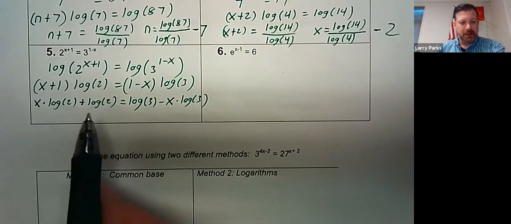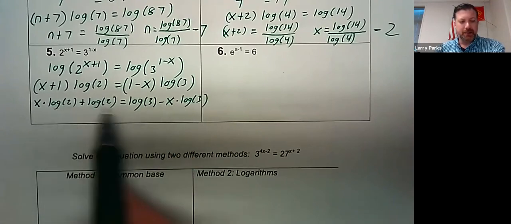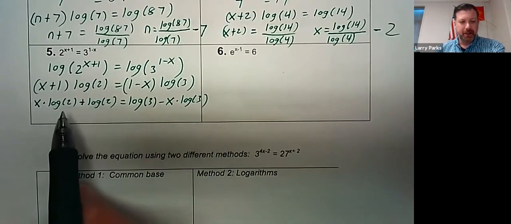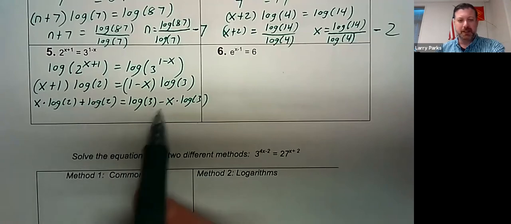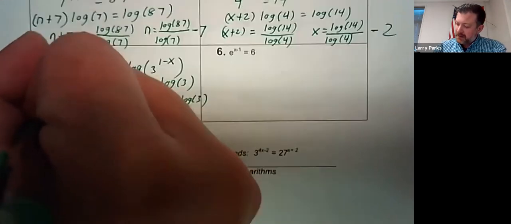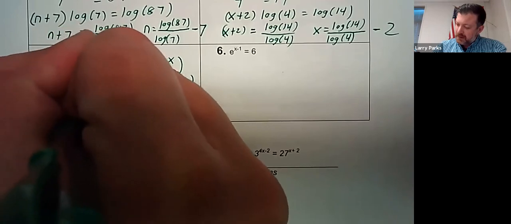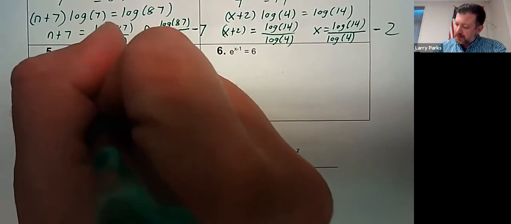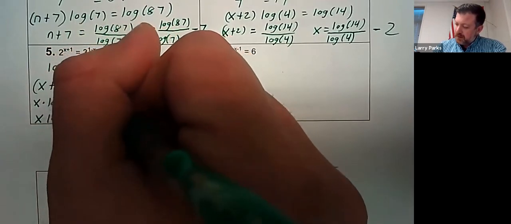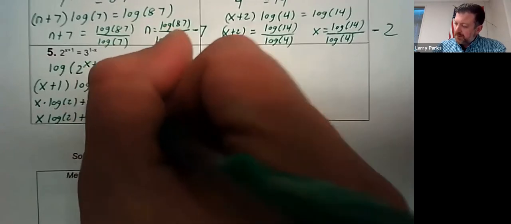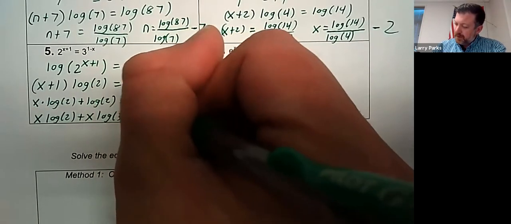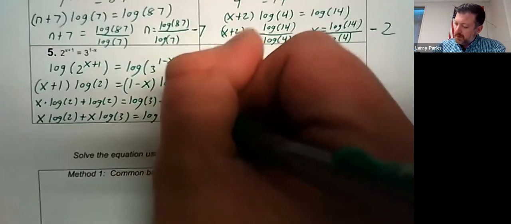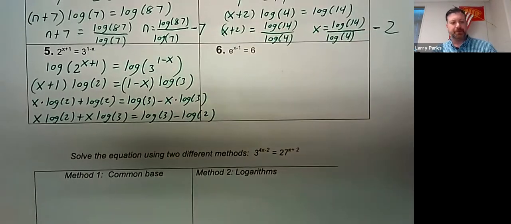And then we want to get the x's on the same side and move those over. So I'm going to do plus x log 3 on both sides. Factor out an x.